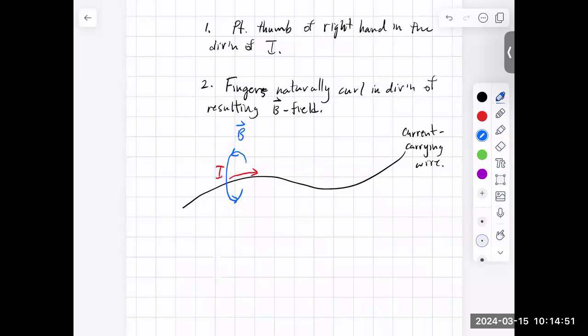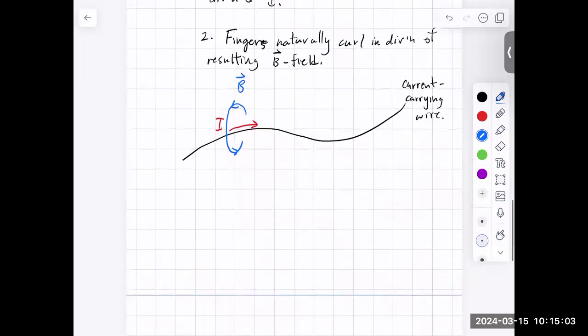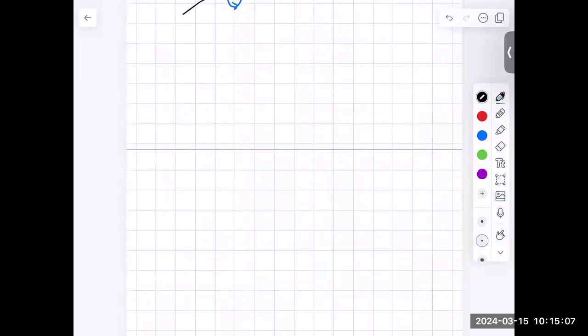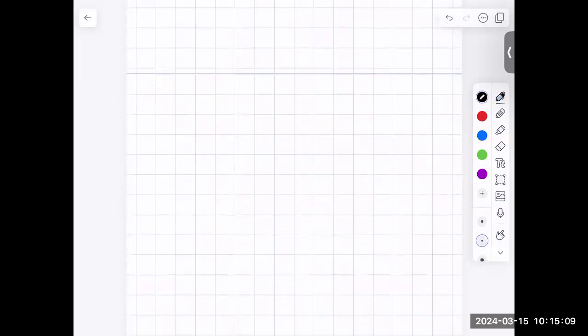And then once we have that magnetic field, can we then go figure out what force it exerts on other moving charges or other currents. So that's the path we're going to take. Okay, so let's begin by seeing if we could figure out something about the strength of the magnetic fields that currents generate.